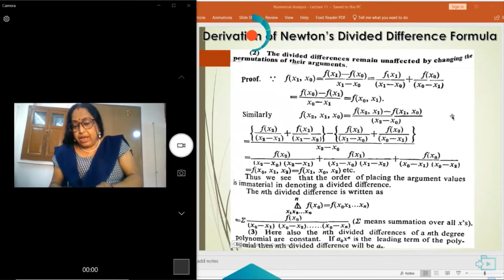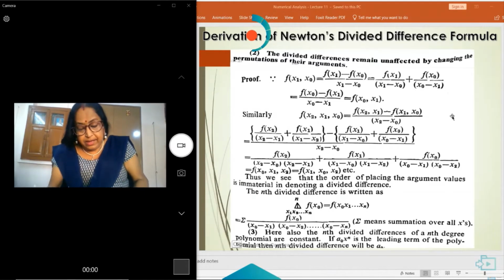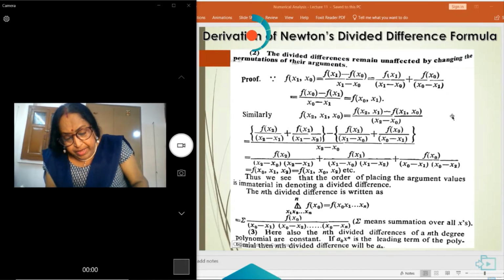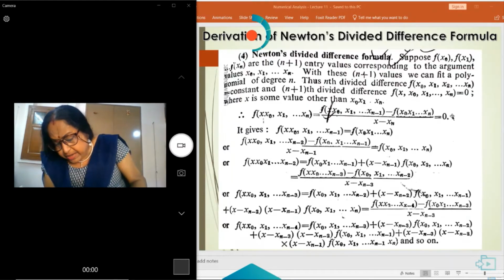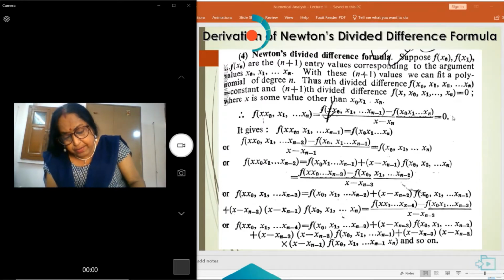Finally, suppose f(x0), f(x1), f(xn) are n plus 1 entry values corresponding to the argument values x0, x1 up to xn. With these n plus 1 values, we can fit a polynomial of degree n. Mind it, with n plus 1 values, we can fit a polynomial of degree n.